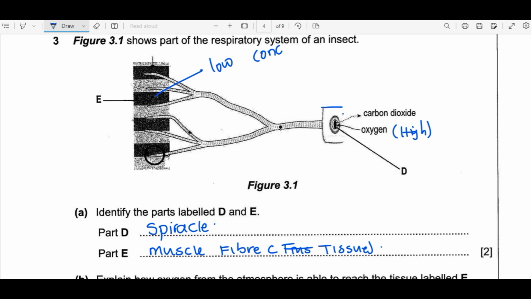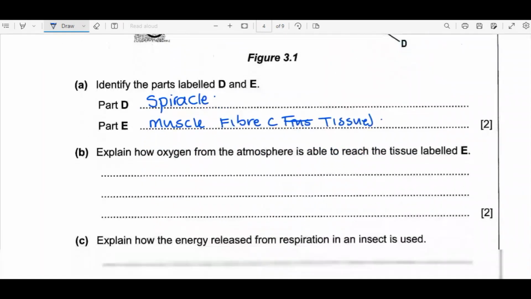So the oxygen, which is in a gaseous state, must be diffused. So it has to move from the high concentration to the point where it is in a low concentration.